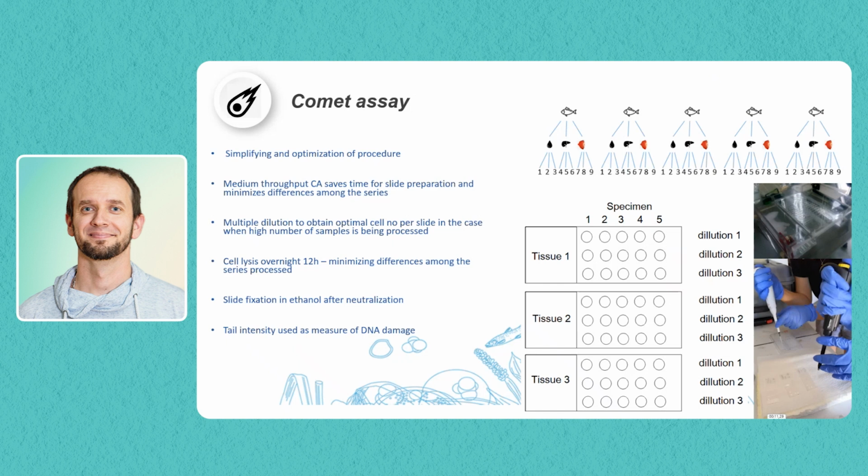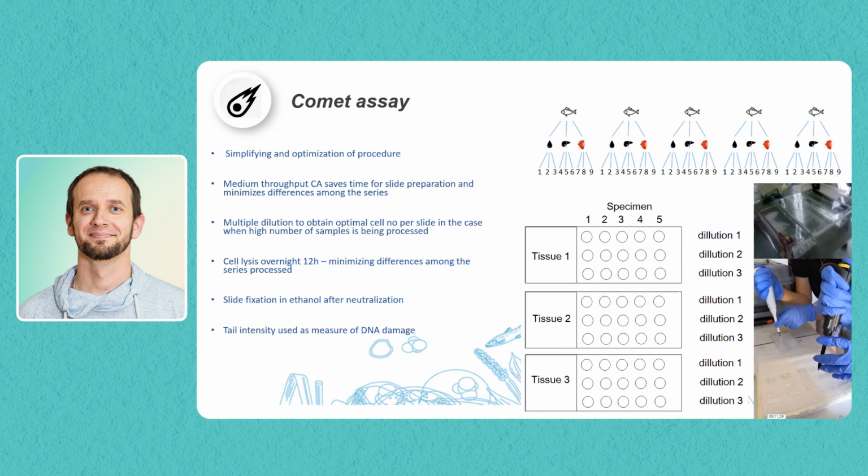And you want to try multiple dilutions because we are not sure how much blood has been taken or how big a piece of tissue has been homogenized for the cell suspension. You have to try 3 dilutions. So it is basically 9 Comet Assay gels, or 9 Comet Assay slides. So if you have 5 animals, it is about 45 gels that you have to prepare.